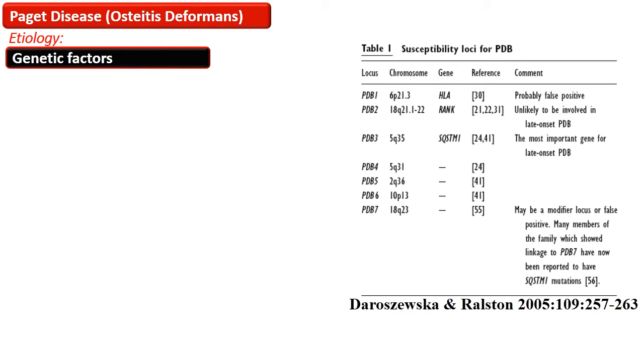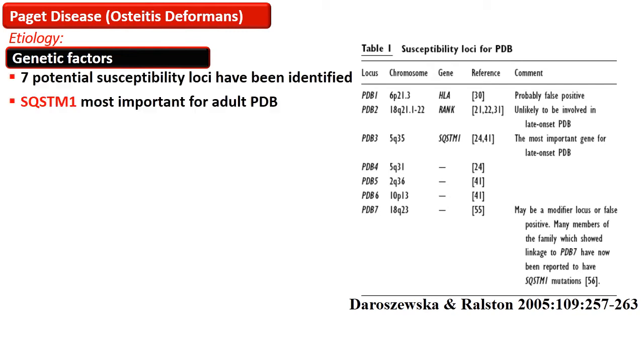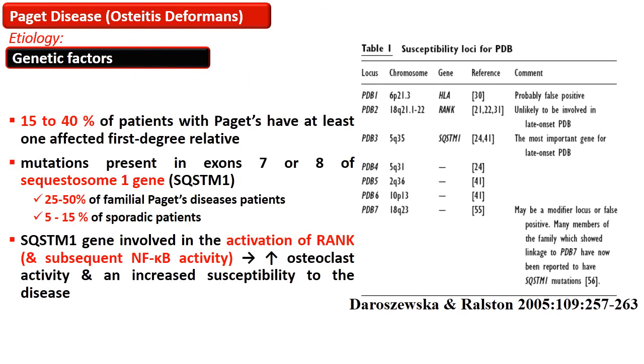This is also termed the sequestosome 1 gene. 15 to 40% of the patients with Paget's disease have at least one affected first degree relative, and 25 to 50% of the familial Paget's disease, and 5 to 15% of the sporadic cases, show this characteristic sequestosome 1 gene mutation in exon 7 or 8.